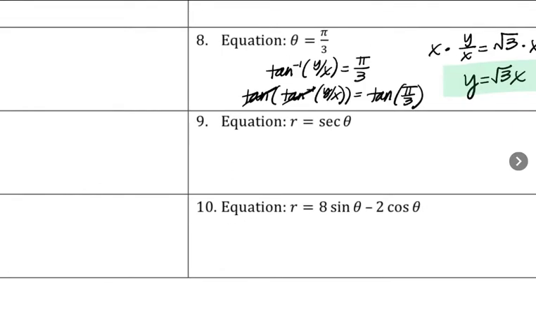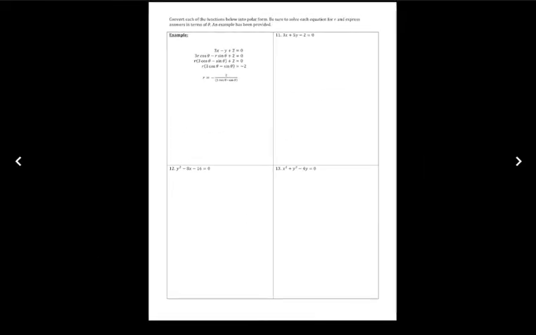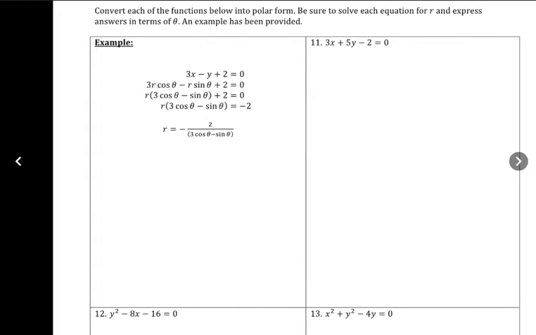But let's go to the hardest ones. So these are on a separate page. There are only 3 of them because these are putting everything together. They are the trickiest of the trickiest. And there is an example problem here that just shows you one of the best methods to use. And that's substitute x with r cosine theta, substitute y with r sine theta, and isolate that r.